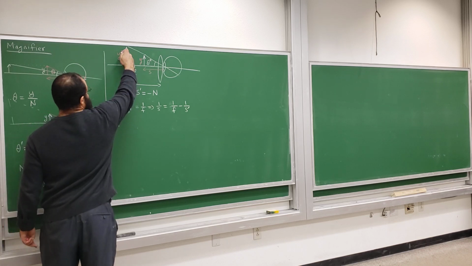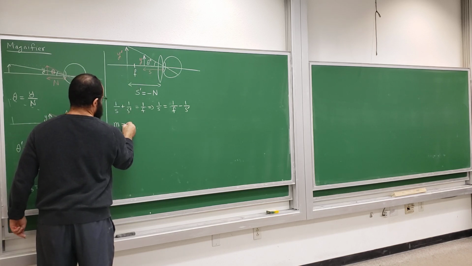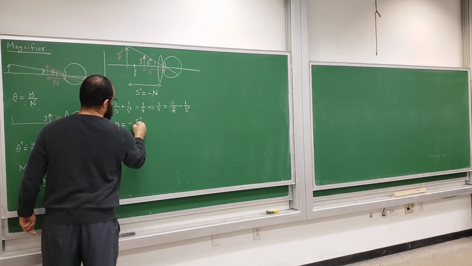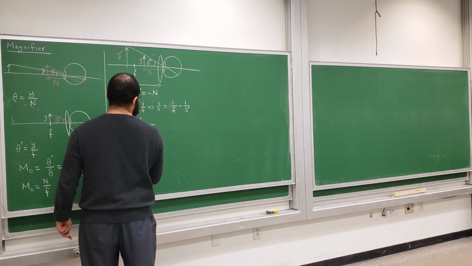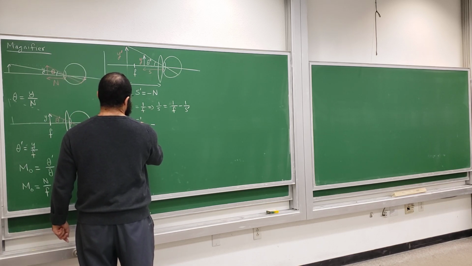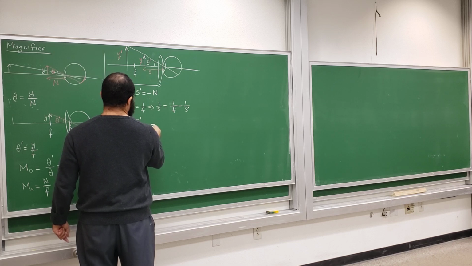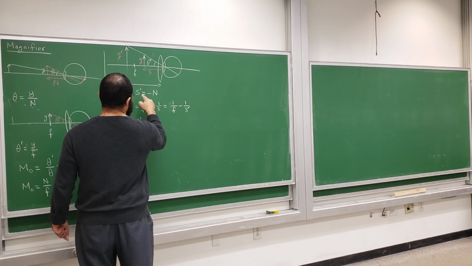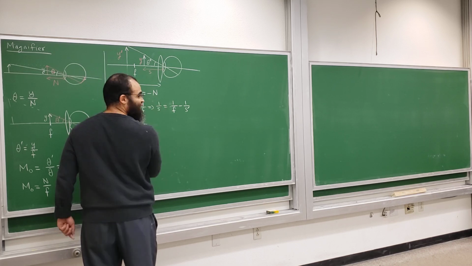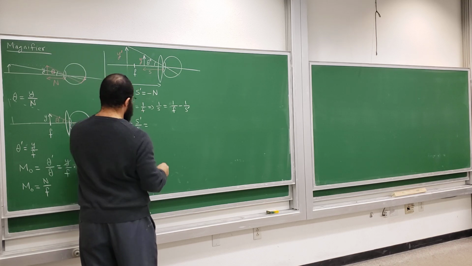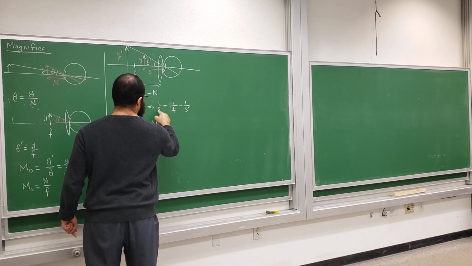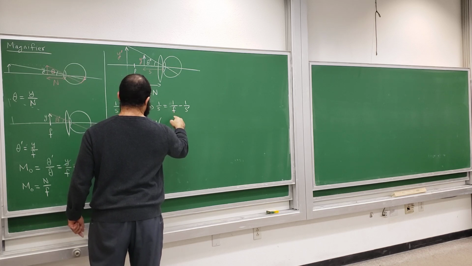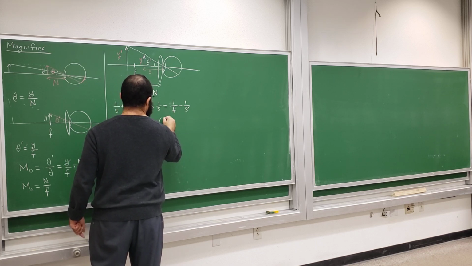So what's this one here? The magnification is going to be minus s prime over s. Negative s prime is just n. So n times 1 over s. What is 1 over s? 1 over s is equal to 1 over f minus 1 over s prime.